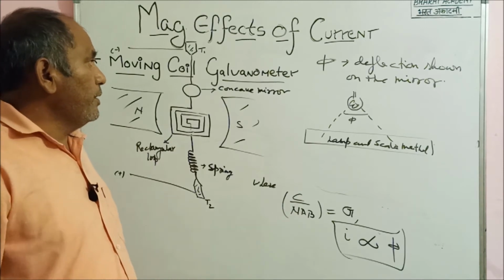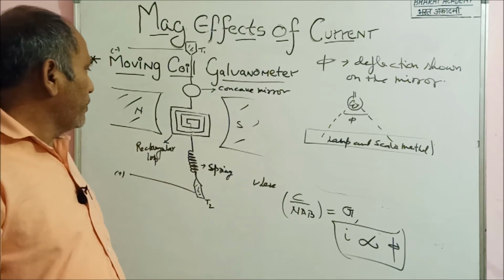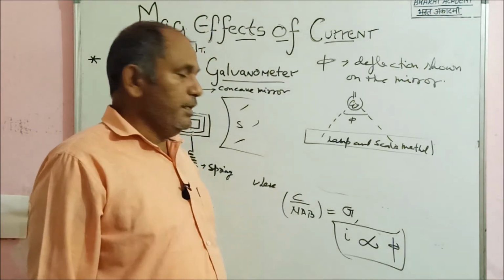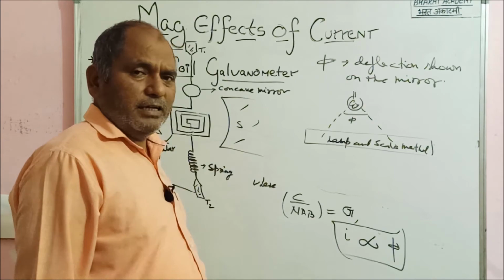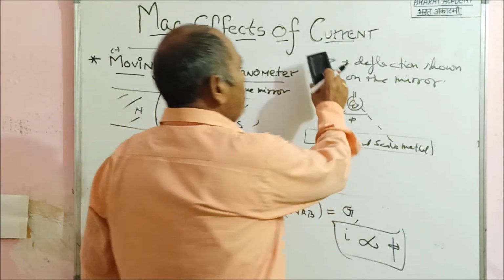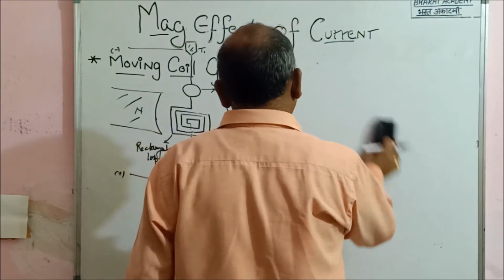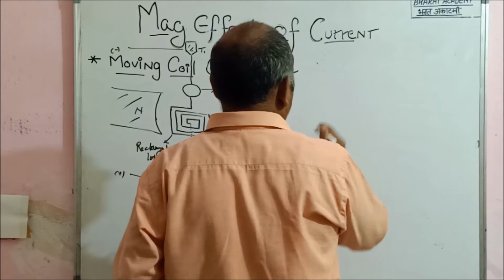So what is the use of this one? The question arises. What we have talked about up till now is that it simply detects the presence of electric current, right? But it can be used to measure the electric current as well as the potential difference, right?